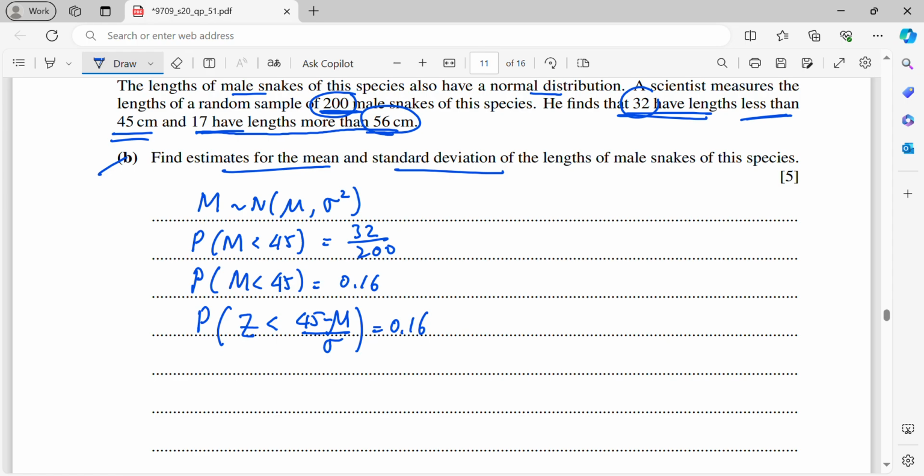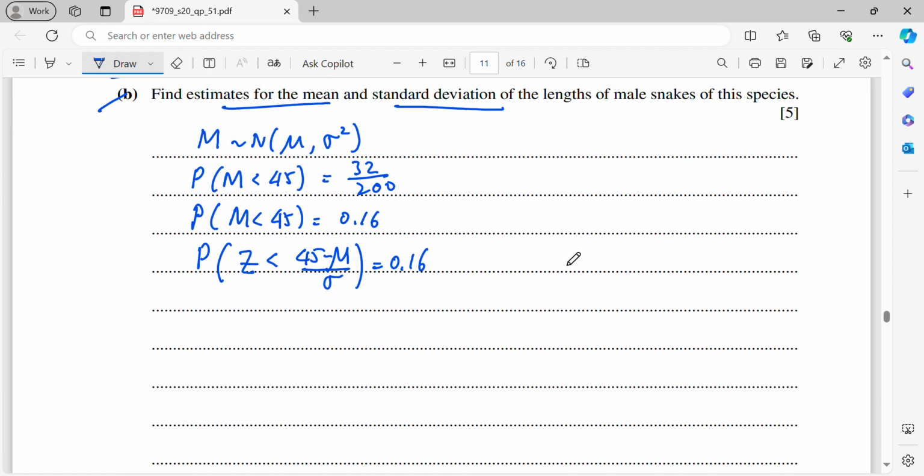Now once you have standardized it, sketch your graph. Okay, middle is 0. Now I am not sure where this line is, so I will draw two lines and label. Then I choose the correct line.